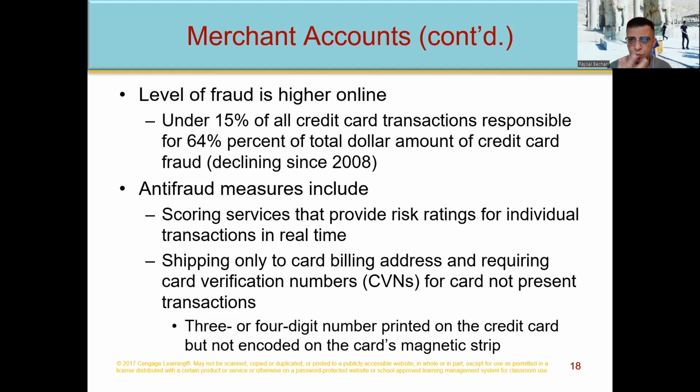We'll explain how, for example, RBC does it. Also shipping only to the card billing address and requiring a card verification number, CVN, for card-not-present transactions. It is a 4 or 3-digit number printed on the credit card, behind or in the front, but not encoded in the card magnetic strip, so nobody can copy it.